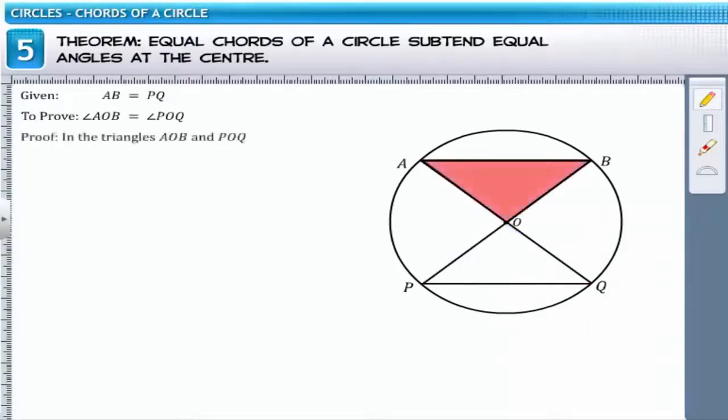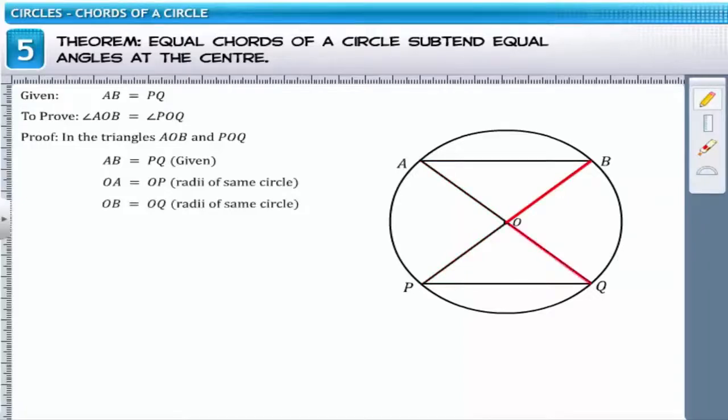In the triangles AOB and POQ, we know that AB equals PQ. Note that OA equals OP and OB equals OQ, since all these four line segments are the radii of the same circle.